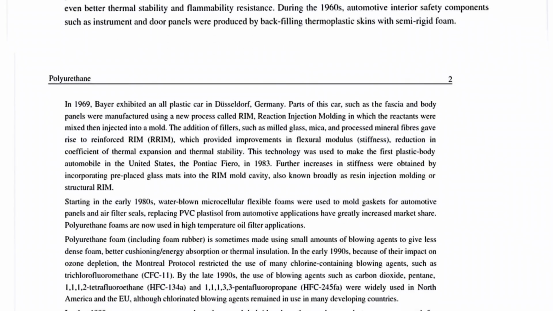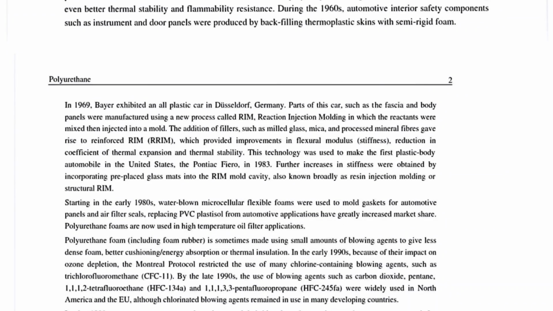Starting from the early 1980s, water-blown microcellular flexible foam molded gaskets for automotive panels and air filter sealing replaced various polyvinyl chloride plastisols and various other applications. Polyurethanes are now used in high temperature oil filter applications too.